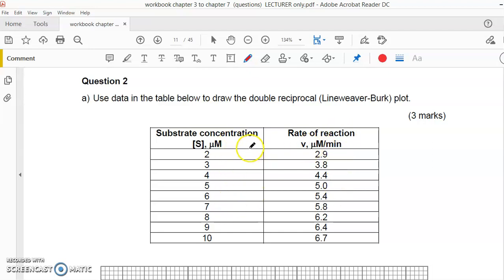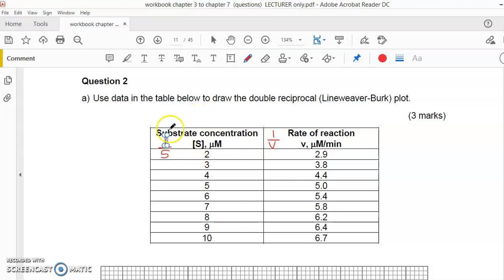So the first thing you need to do is to make a table which consists the value of 1 over S, okay, and the value of 1 over V. So how you want to do it? Simple.